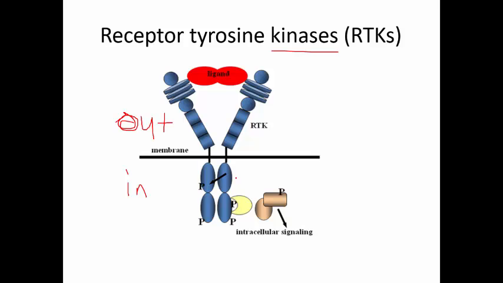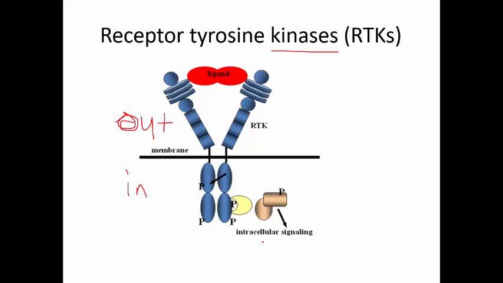That happens after the ligand binds and it dimerizes and brings it together. Then usually these now phosphorylated sections of the internal domain cause another protein to come over, bind, possibly get phosphorylated, and lead to further intracellular signaling.